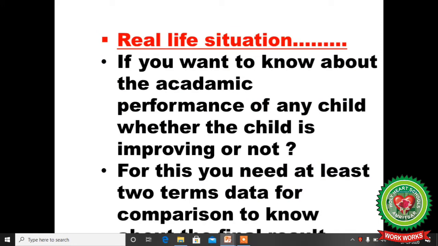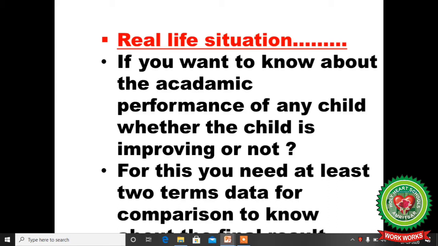Real life situation: from the name it is quite clear, comparative statement is when you want to compare two things. For this you need two years of data, two relative figures. Like a real life example, if you want to know about the academic performance of any child, whether the child is improving or not, for this you need at least two terms of data.